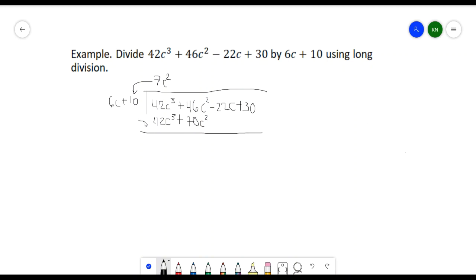Then subtracting, this is already equivalent to 0, so there's no need to write this one. 46 minus 70, that is negative 24c squared. I'll just erase this one to avoid confusion.